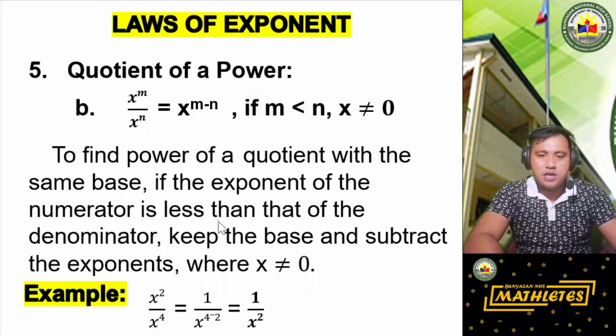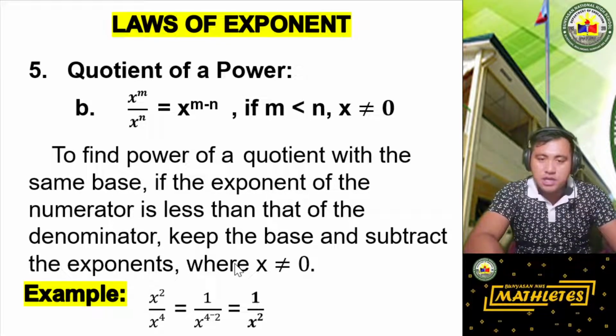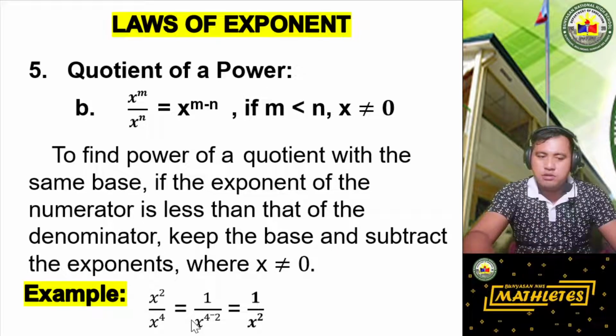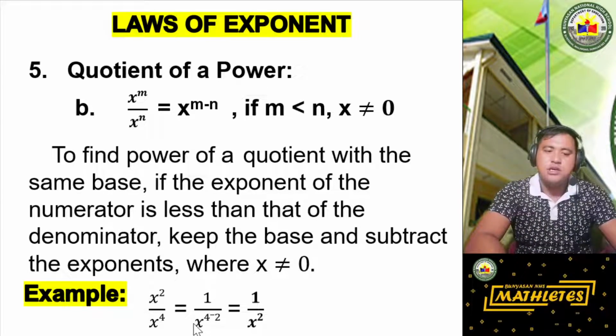Mas malaki yung exponent sa denominator, so doon natin isusubtract. The exponent is 4 minus 2, and that is equal to 1 over x squared.